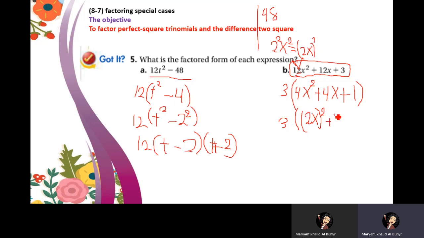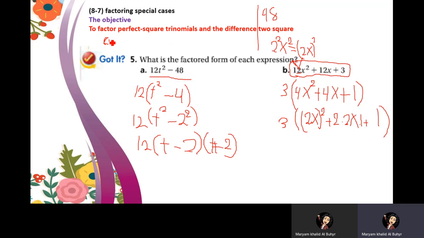Now, can I say that is 2 times 2x? Yes, plus 1. Can I say that? Which here means I can say times 1. Can I do that? Yes. Do you remember the rule that we just said, the perfect square?